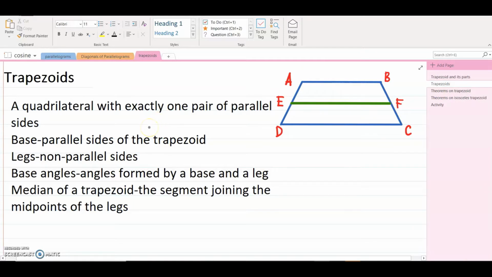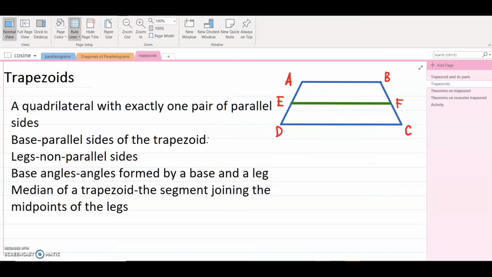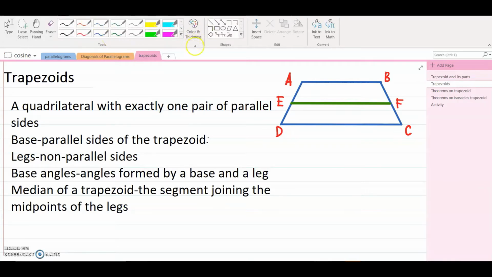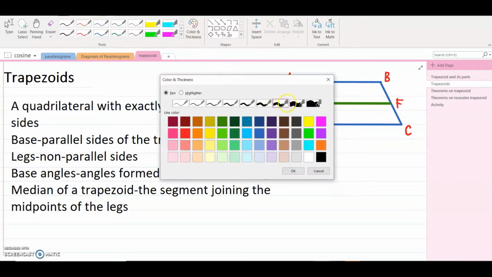Now we also have the parts of the trapezoid. We have the base, which is the parallel sides of the trapezoid. So if you're going to look at this trapezoid, let us change first the color and thickness as well.